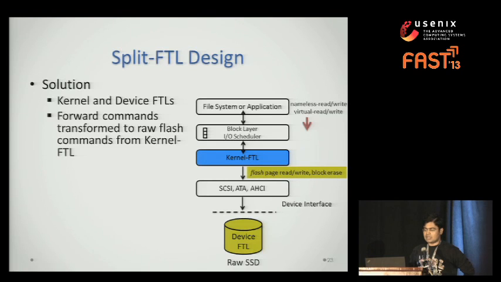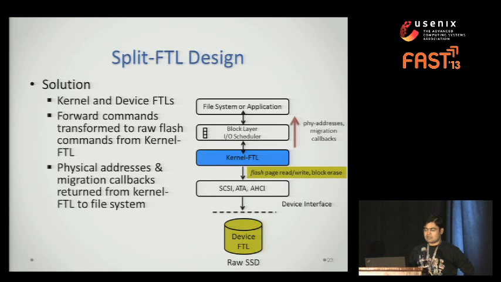Now, if we receive a forward command, it gets transformed by the kernel FTL into a raw flash command, which is a flash page read or write or block erase command. For the physical addresses or the migration callbacks, which are the new device responses, the kernel FTL is completely responsible for sending them back to the file system. The device FTL doesn't care about them because the kernel FTL completely handles them.